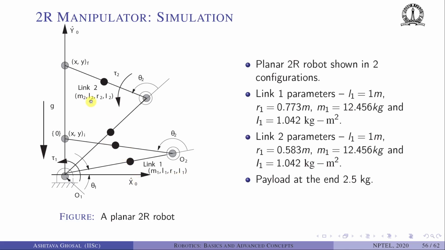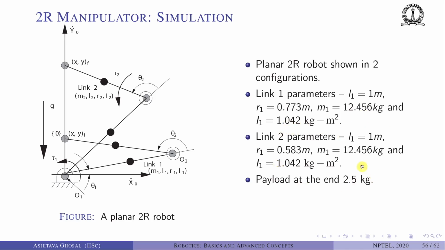Likewise, M2, L2, R2, and I2 for the second link. We have to choose some parameters, and remember, in the case of dynamics, we chose L1 and L2 as 1 meter. We are sticking to those same lengths, locations of the CG, masses and inertia. So M1 was 12.456 kg, I1 was 1.042 kg meter square, and so on.